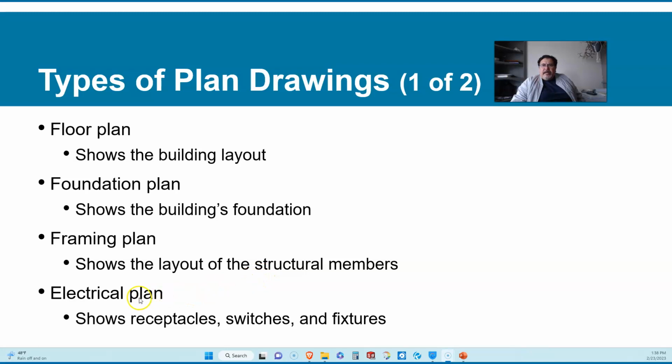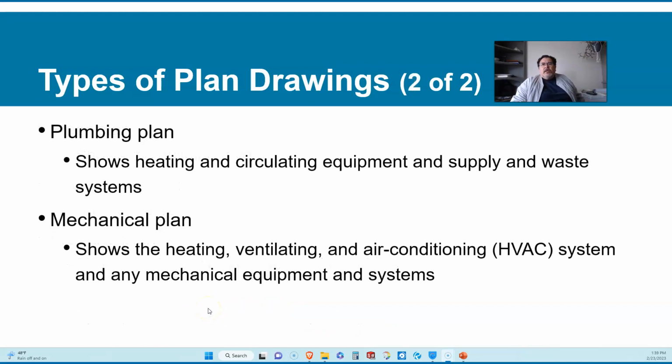An electrical plan shows you where receptacles, light fixtures, and switches would be located. A plumbing plan is going to show you where supply and waste systems are going to be located. Supply and waste meaning water, and waste meaning sewer or drainage.